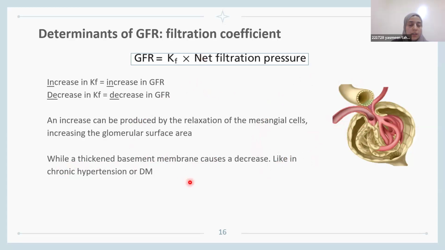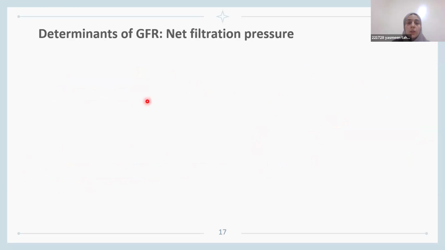Some diseases mentioned are chronic hypertension and diabetes. These are diseases that affect the basement membrane of the capillaries and decrease the filtration coefficient. So again, a direct relationship: an increase causes an increase in GFR, a decrease causes a decrease in GFR.